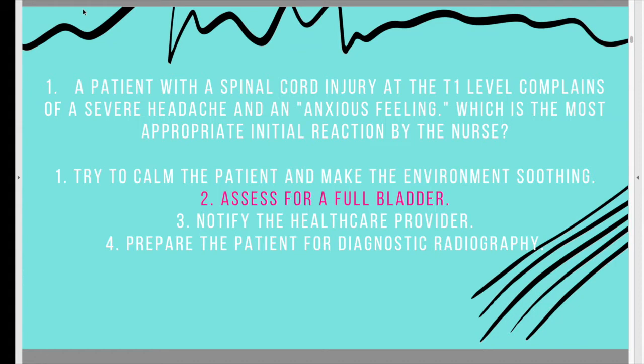Symptoms include hypertension, headache, diaphoresis, bradycardia, visual changes, anxiety, and nausea. So the nurse should recognize this as an emergency and proceed accordingly. Once the assessment has been completed, the findings will need to be communicated to the healthcare provider.